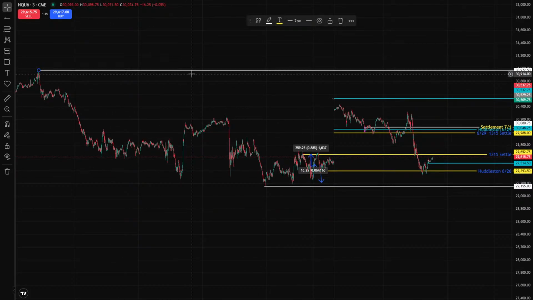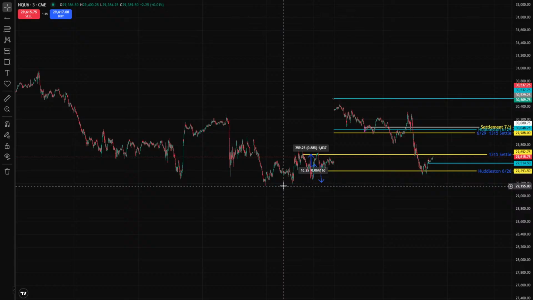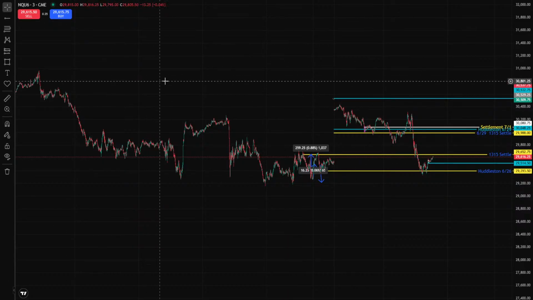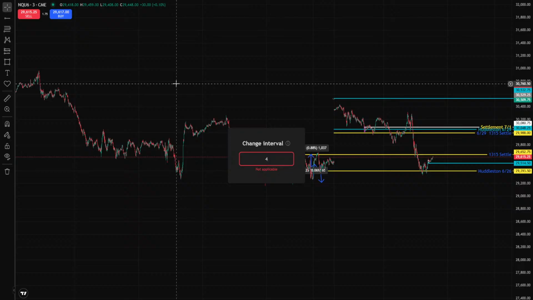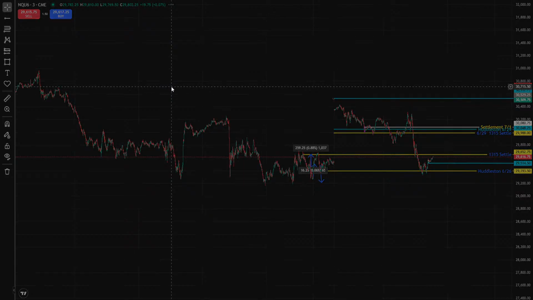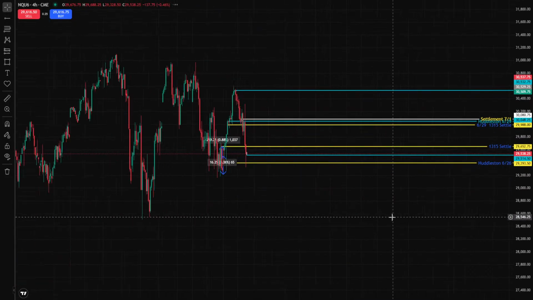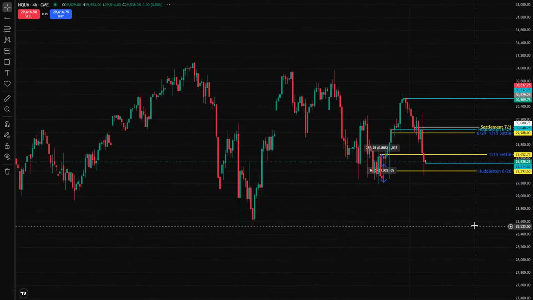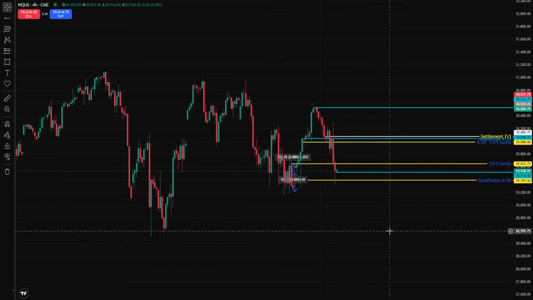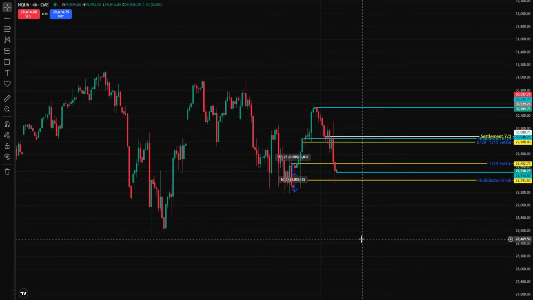And I think from a higher time frame perspective, a higher time frame bias, I think we are ultimately, what is that, 240? I would look at, could go to a daily.